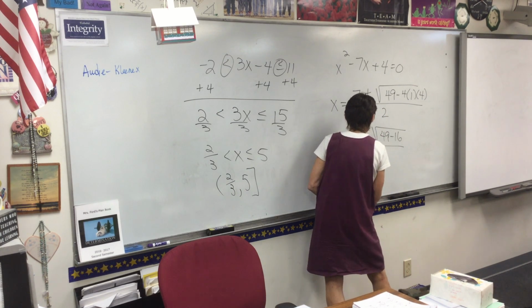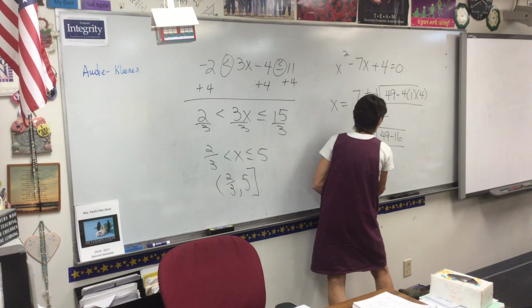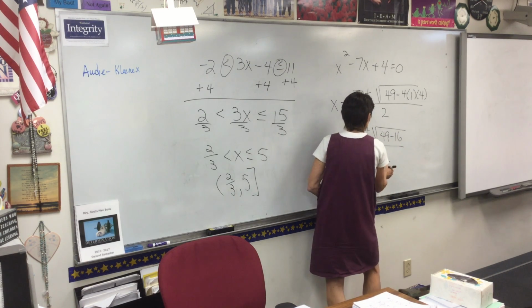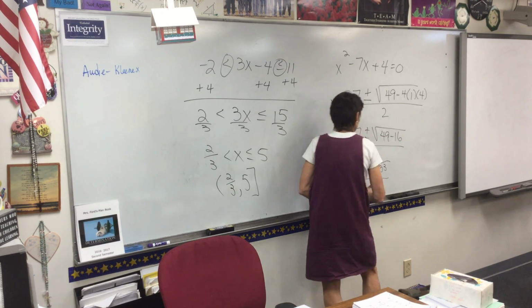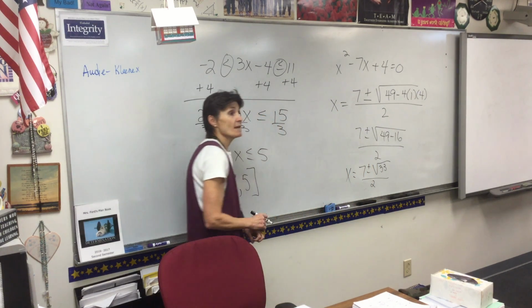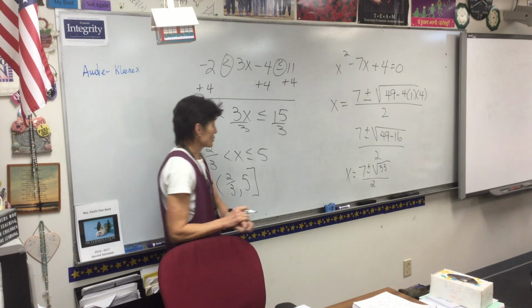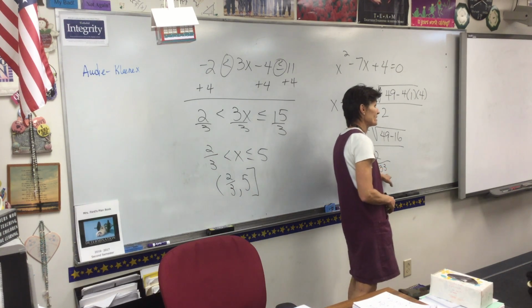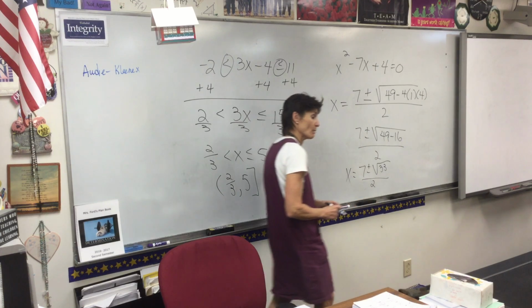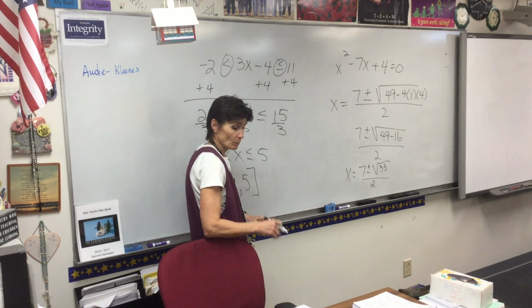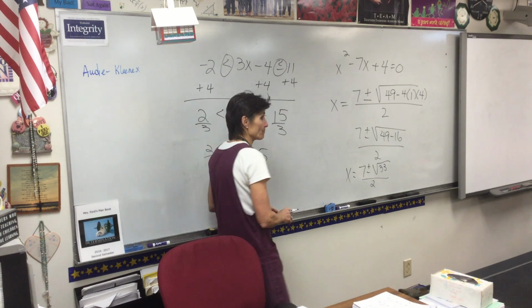So my final answer, x equals 7 plus or minus the square root of 33. That one does not reduce, but remember occasionally they do. So if this had come out to be 32, you would need to reduce the radical. But this one you don't need to do that for.